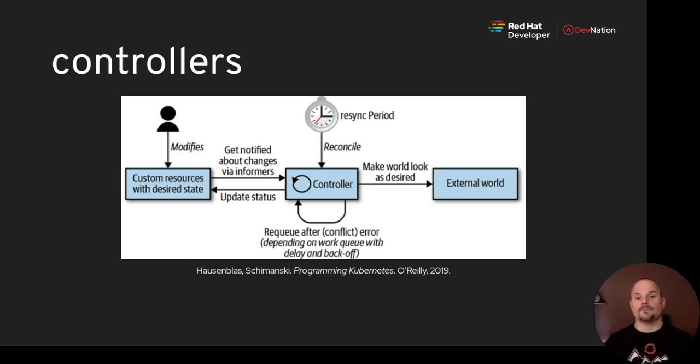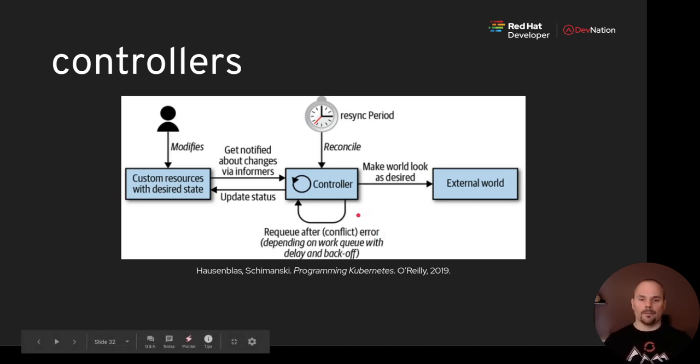This reconcile is meant to be run anytime Kubernetes decides we need to check the desired state that the user requested versus the end state, or the actual state of reality. So that reconcile's job is to take a look at the user parameters and make sure the external world reality reflects what is desired in the resource.